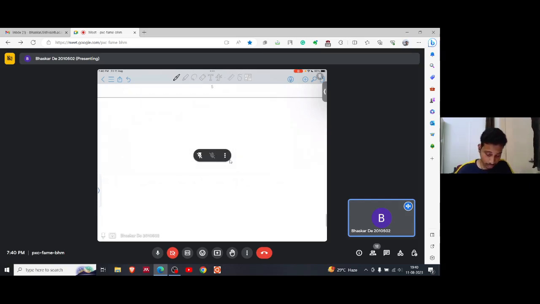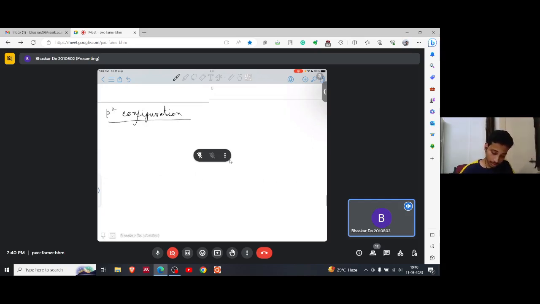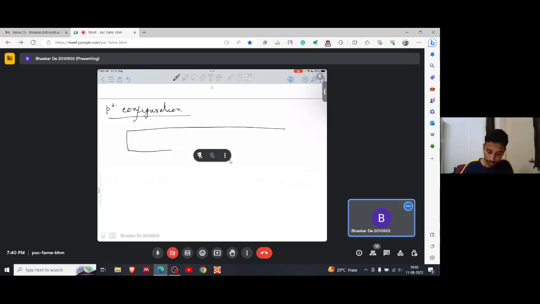Now the next example will be about the P2 configuration. P2 configuration means this one, up, up, and here is nothing, for plus 1, 0, minus 1.